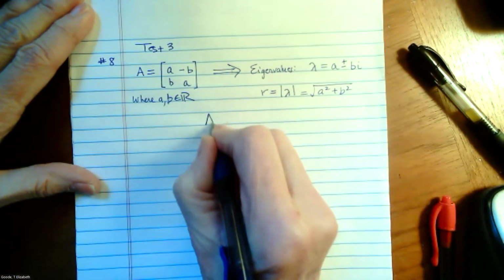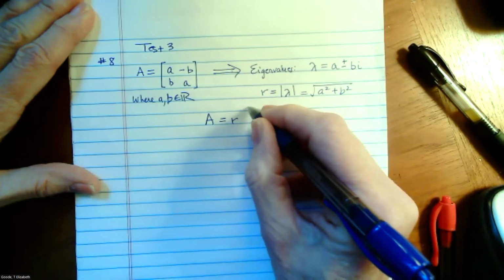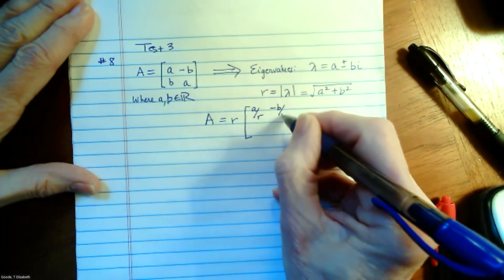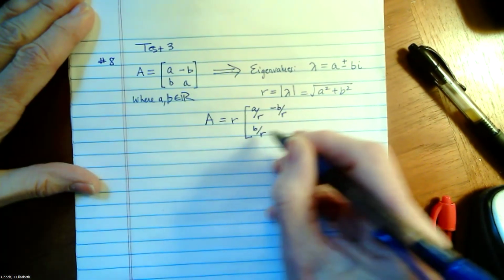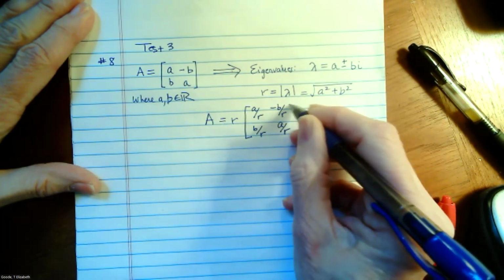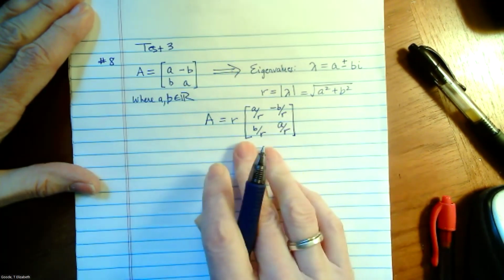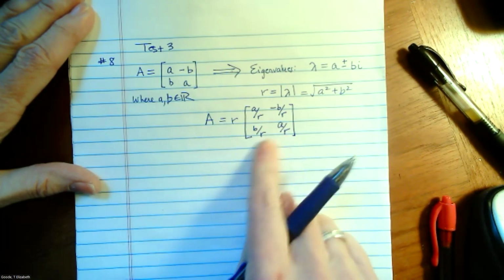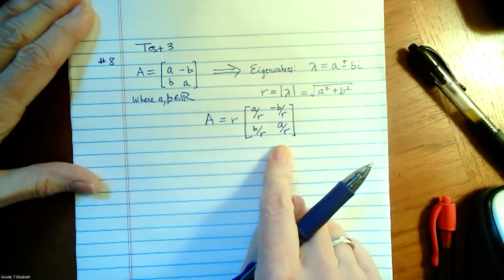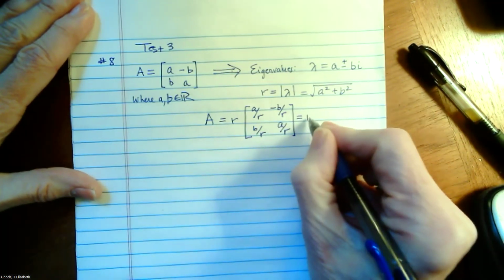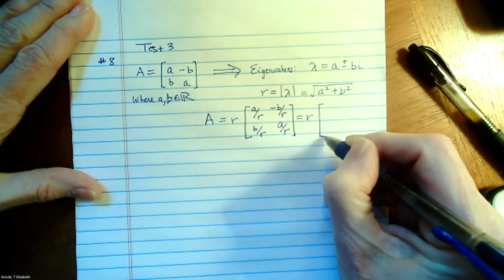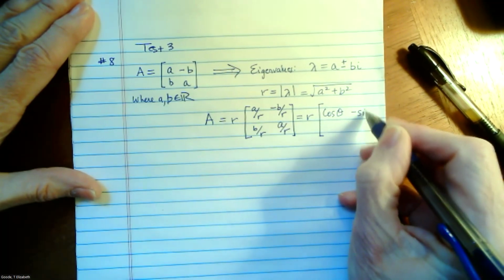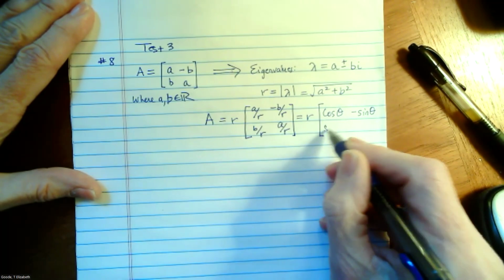And further, A can be written as R times, well, obviously, you can pull out a factor of R with any matrix, but what makes this so special is that this part is actually a rotation. This is the same thing as a scaled rotation through theta degrees counterclockwise, because this can be interpreted to be this.